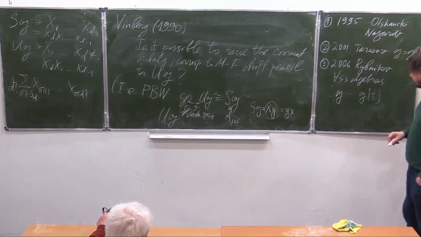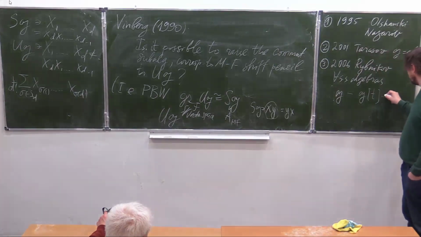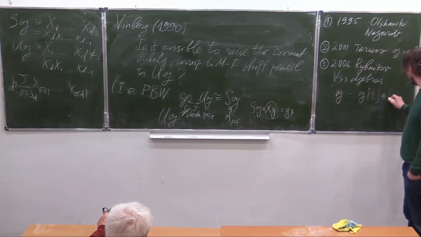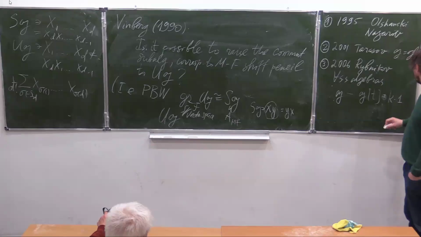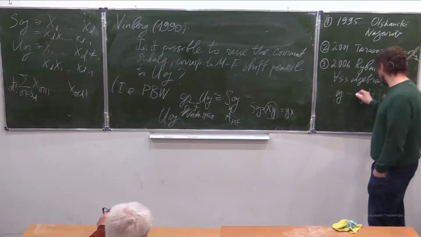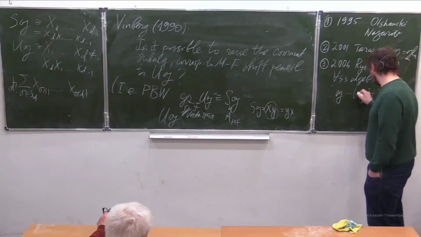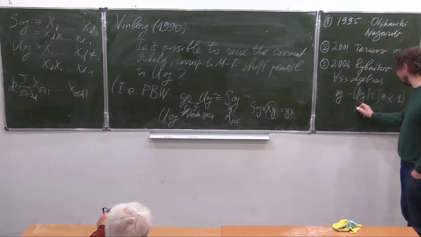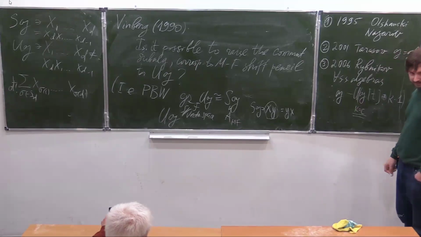This algebra has the canonical central extension. You take the universal enveloping algebra of this central extension, and then you fix k equal to the critical value. And what you get will be a very large non-commutative universal algebra.